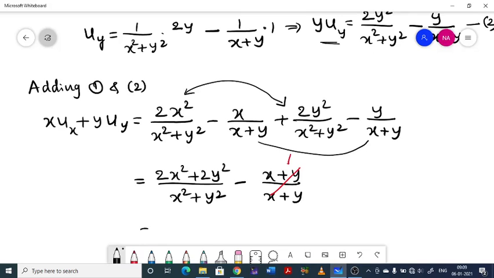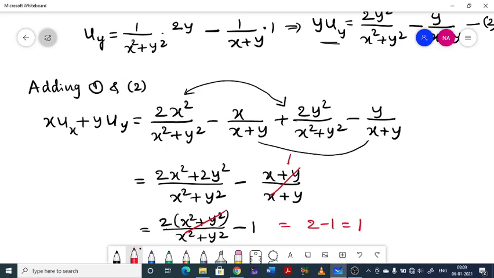Next, this will be 2 times x square plus y square divided by x square plus y square, minus 1. So again these two get cancelled, 2 minus 1, you get 1. Therefore x ux plus y uy equal to 1. That completes the solution.